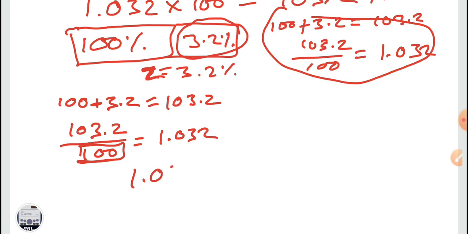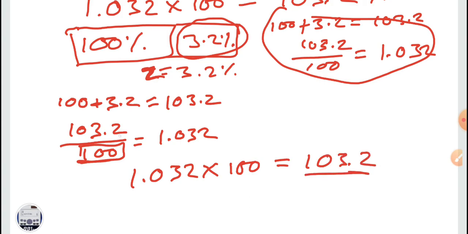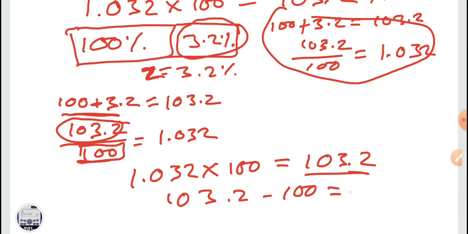So 1.032 times 100 gives us 103.2, which is this here. And then remember we added 100, so this time we're going to take away 100. So 103.2 minus 100 gives us 3.2%. So we had to go backwards. Normally they tell us the interest rate and then we turn that into a decimal multiplier. But this time we've got the decimal multiplier and we're going backwards to find out what the interest rate was.